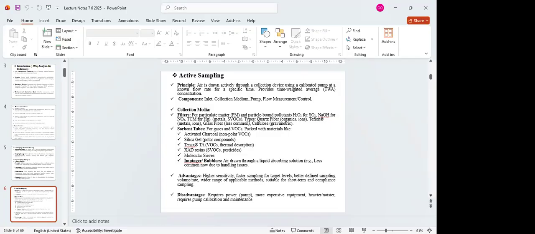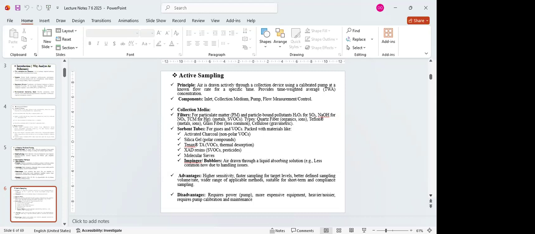Of course, it has a very wide range of application methods that you can use, like I mentioned, collecting and then directly transferring to the equipment, which cannot happen with the passive sampling approach.